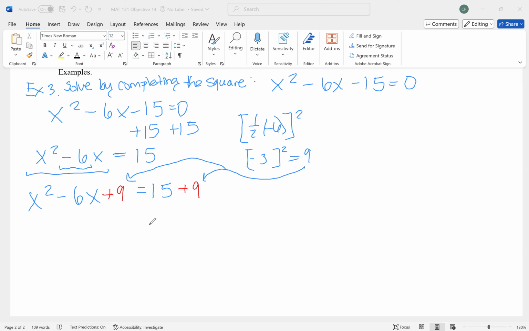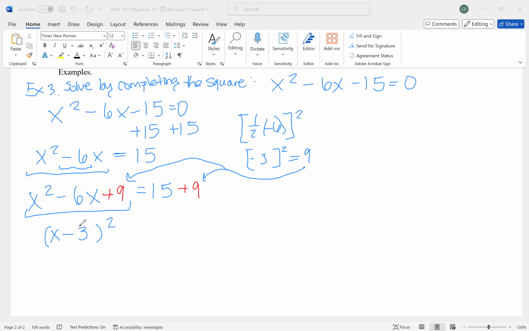Now, on this side, now it is a perfect square trinomial. So we need to write it as a binomial square. So it will be x minus 3, okay?